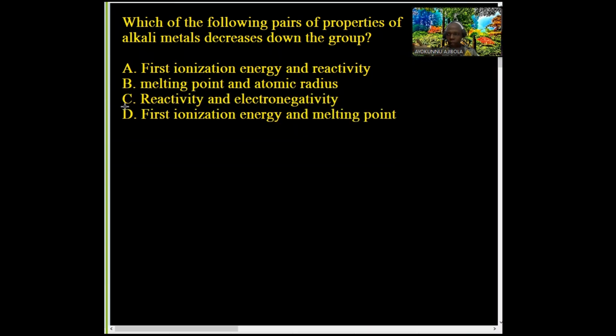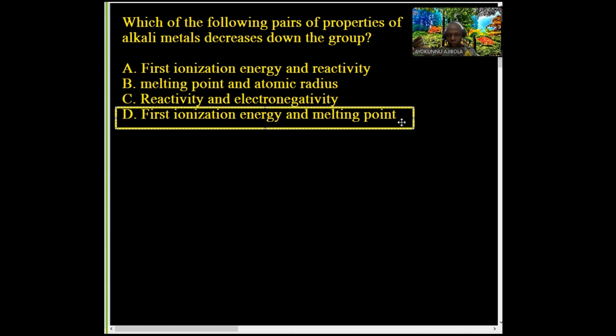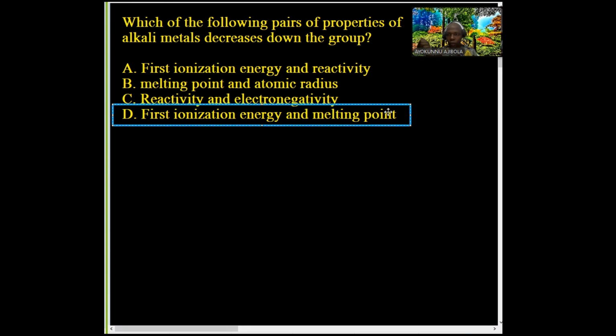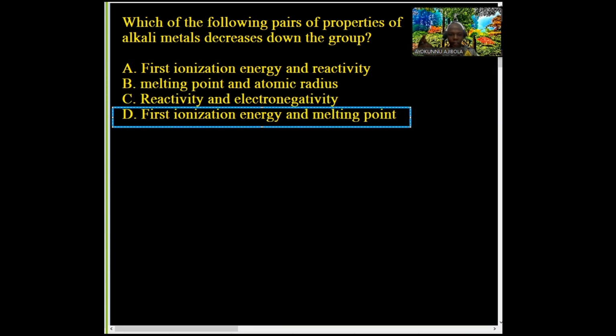Why should ionization energy decrease from top to bottom in a group? Who can explain that? Anybody? We said ionization energy will decrease down the group, right? So why should it decrease down the group?